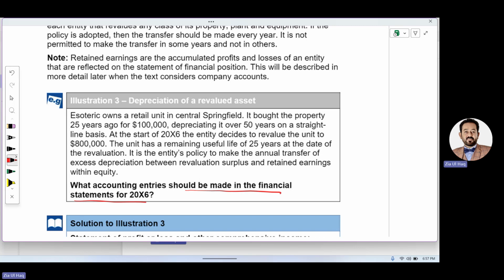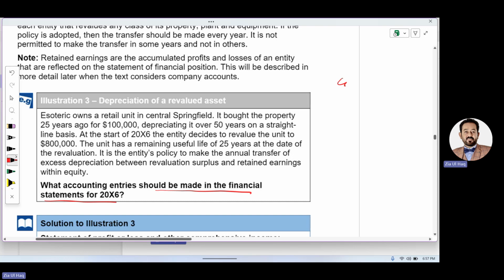Asset owns a retail unit in central Springfield. It bought the property 25 years ago for 100,000, depreciating it over 50 years on a straight line basis. At the start of 2006, the entity decided to revalue the unit to 800,000. So the cost was 100,000 and 25 years of depreciation.